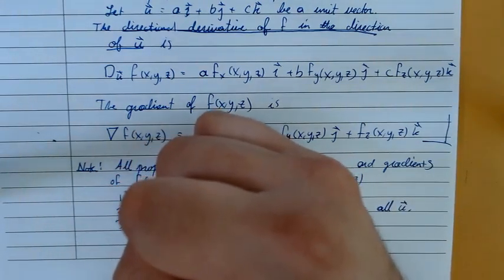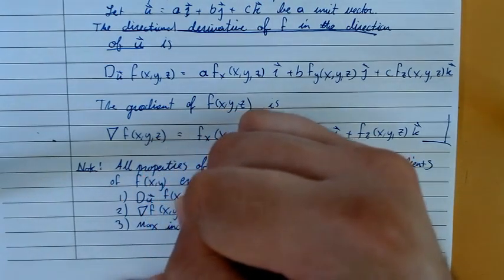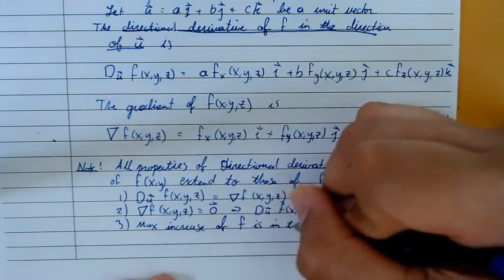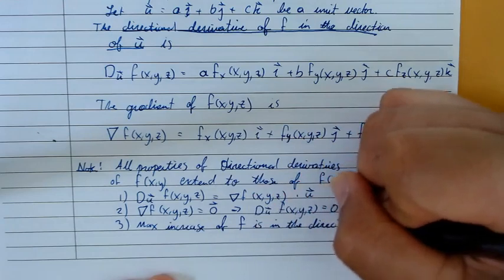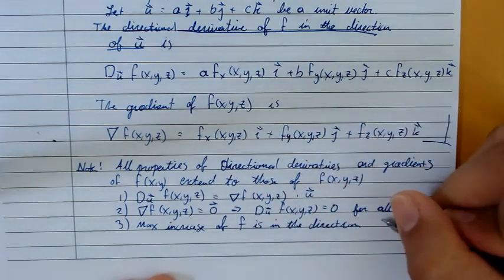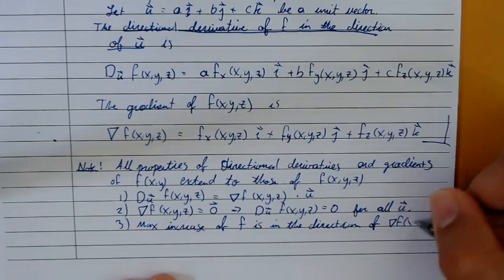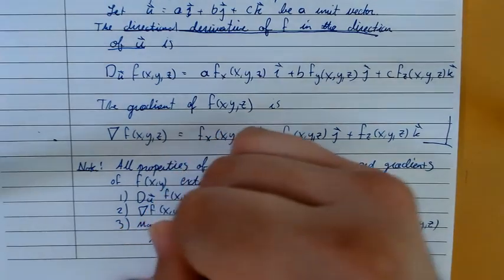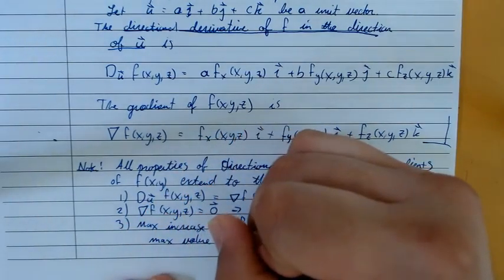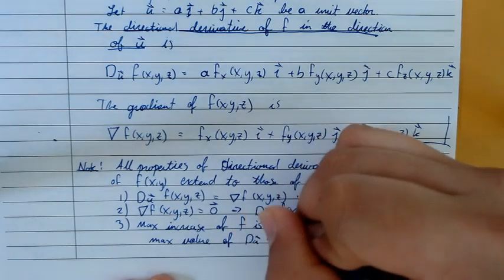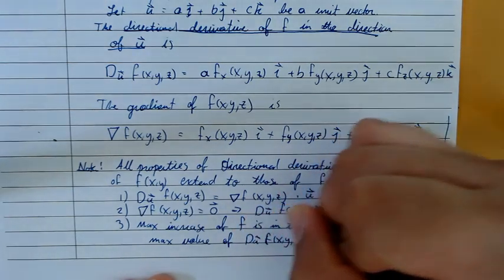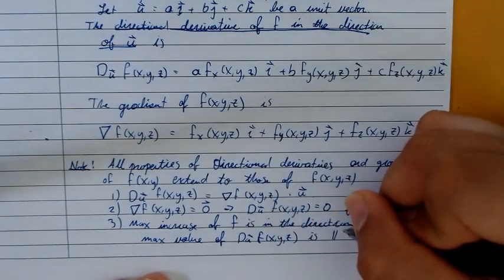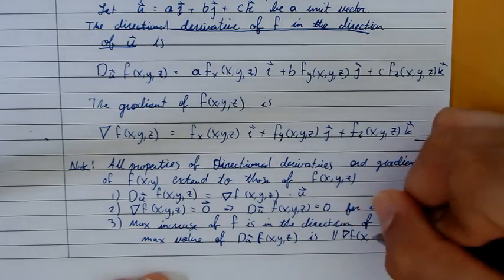Number 3, the max increase of f is in the direction of the gradient, with the max value of the directional derivative of f at x comma y comma z equal to the magnitude of the gradient at that point.